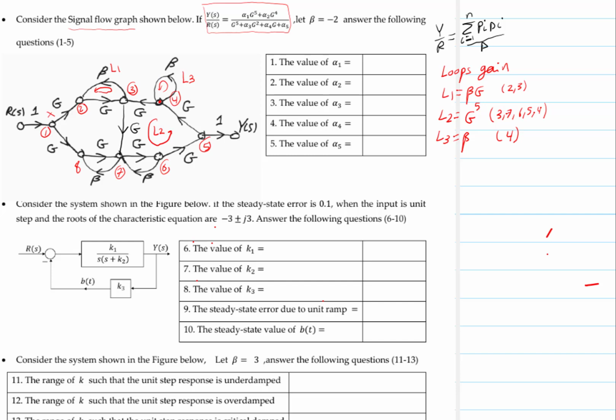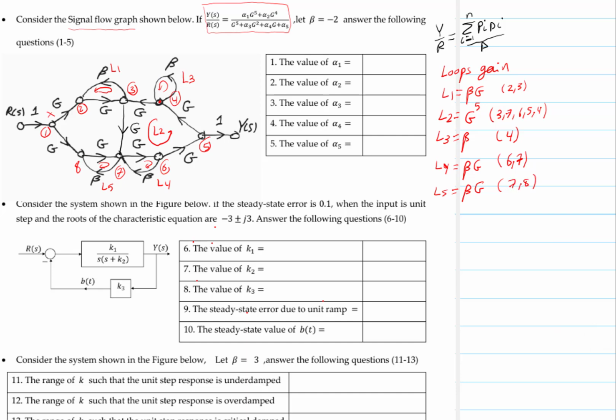Node number 5, the same L2. Node number 6, I have the following loop, which is L4, and L4 will equal beta G, nodes 6 and 7. And finally we have L5, and this will be beta G, which passes through nodes 7 and 8.